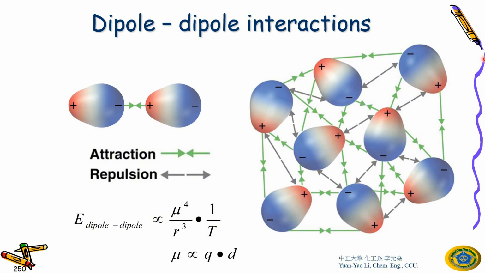Okay, so you understand this now? So this is R, this is D. Well, this is not exactly right, but I just want to let you know this is the separation between the dipoles, the distance between the molecules. Okay? And temperature.